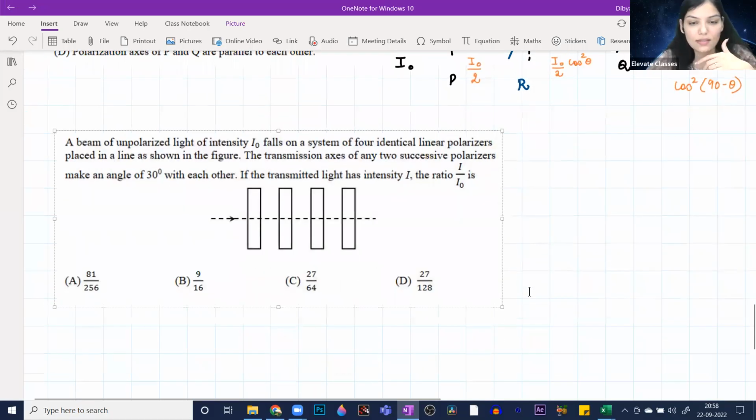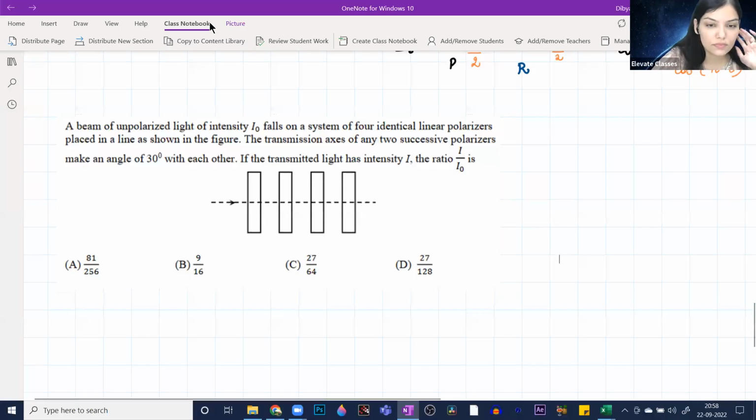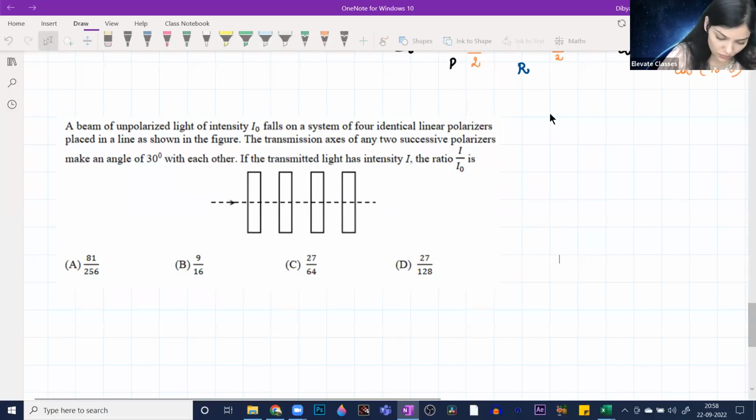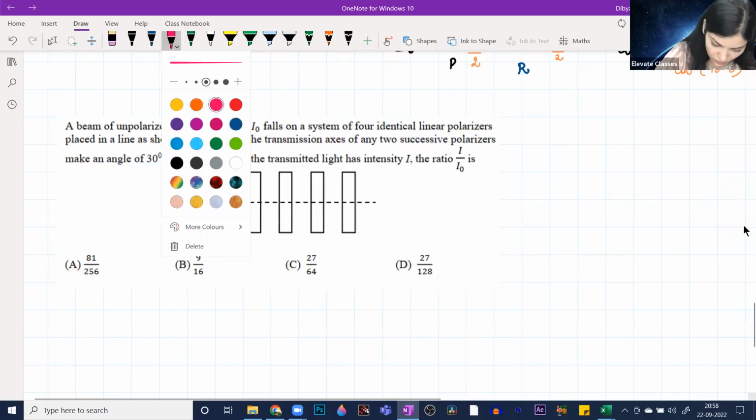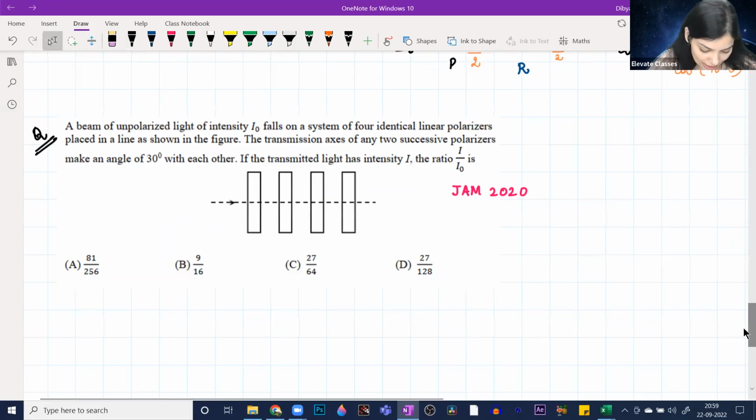Let us try this. This is a question from JAM 2020. So the question is saying that a beam of unpolarized light of intensity I0 falls on a system of 4 identical linear polarizers placed in a line as shown in the figure.